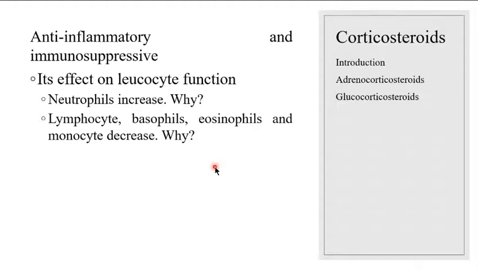Now, among these two effects, first, its effect on leukocytes: we find that corticosteroids increase the concentration of neutrophils in the plasma. But why does it increase? Corticosteroids decrease lymphocytes, basophils, eosinophils, and monocytes. But why and how?